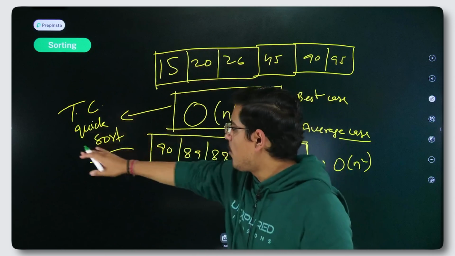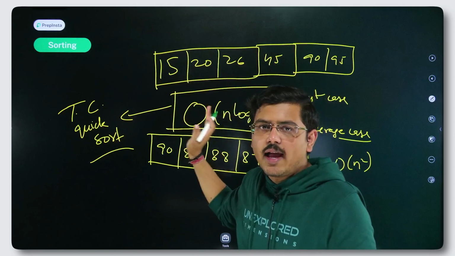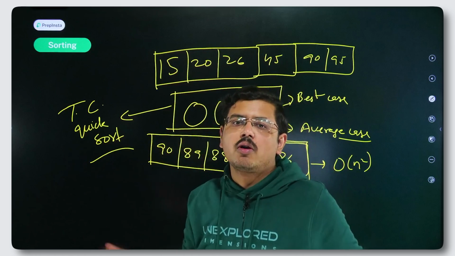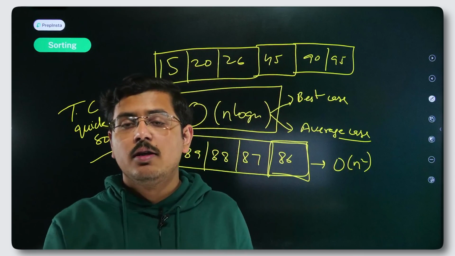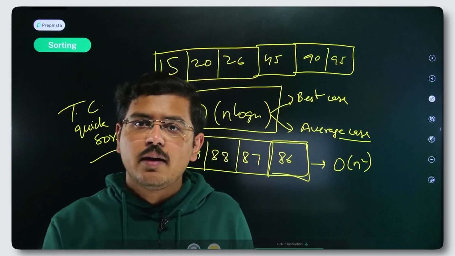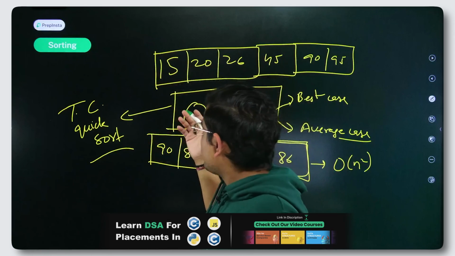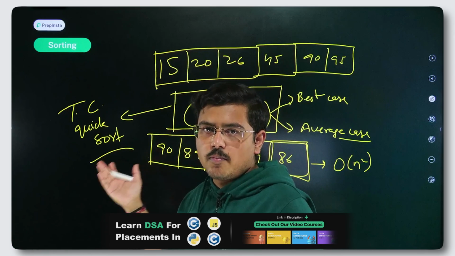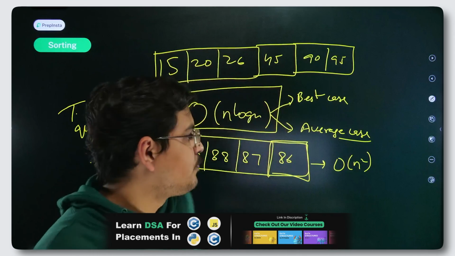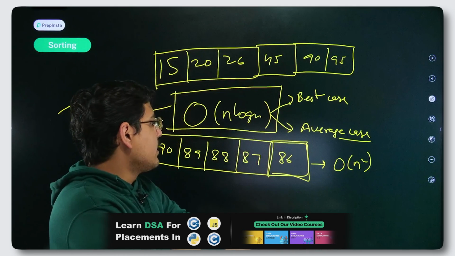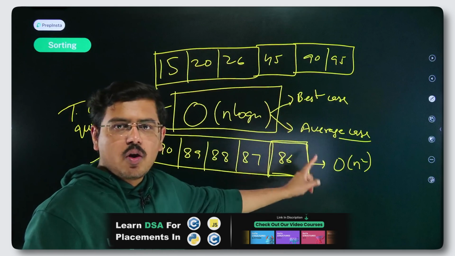Fine, this is the time complexity of quicksort, order of n log n. Generally, that is why quicksort is considered better than bubble sort, better than insertion sort. That is why it is considered one of the best things to implement. Okay, so you can see this out, and worst case time complexity is order of n square.